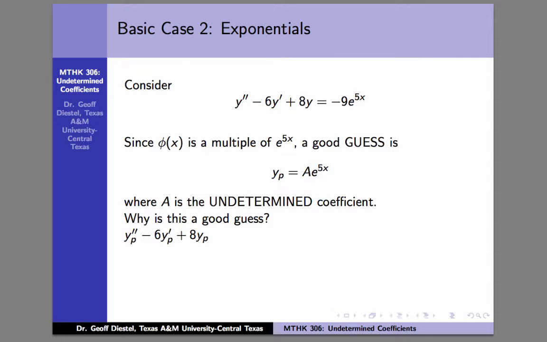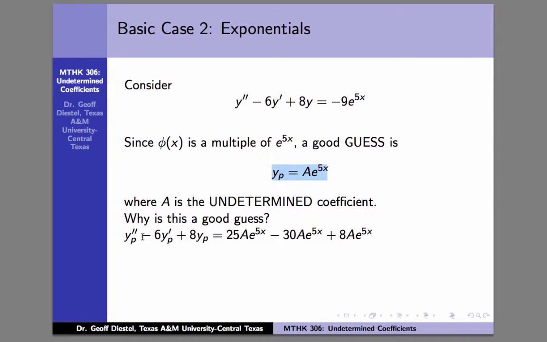So we plug in our guess. We just have to compute these derivatives. Second derivative, we get 25 a e to the 5x, because each time we differentiate yp, all that we're really doing is using the chain rule, and that 5 is going to come down as a multiple each time. So we get 25 times a e to the 5x for the second derivative. First derivative is going to be 5a times e to the 5x.